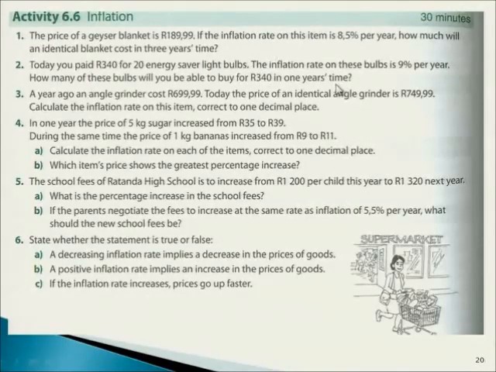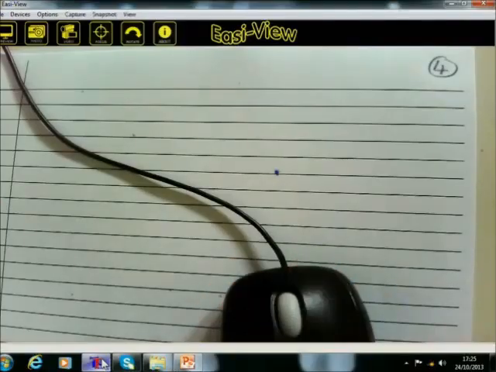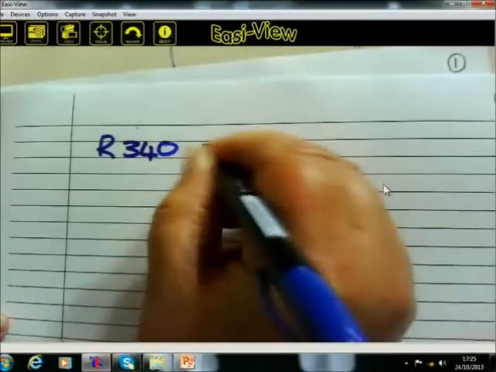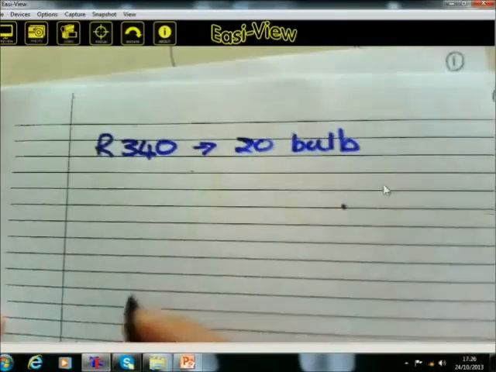I want to show you this because this is a question where we have to look at the purchasing power of our money. Just to give you the example, if I say there were 340 Rand, I could buy 20 bulbs, right?